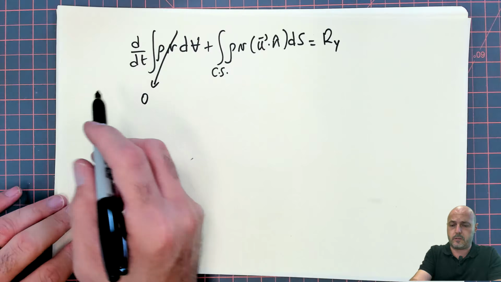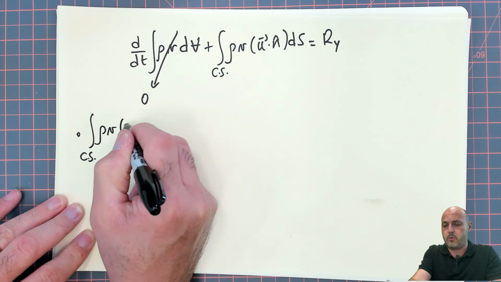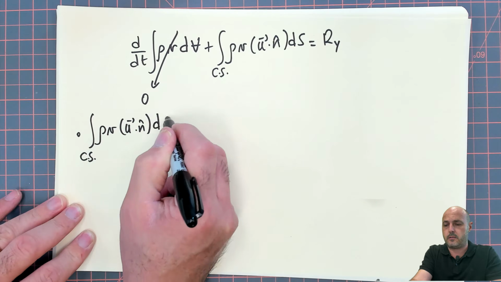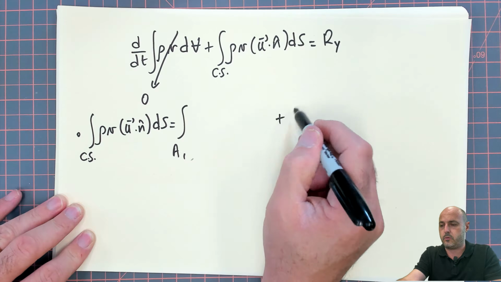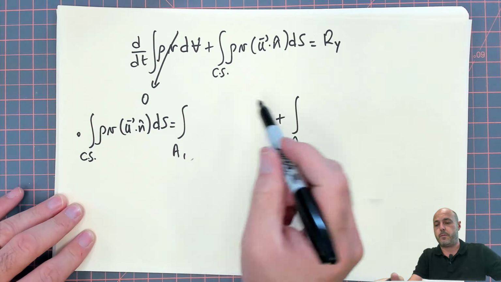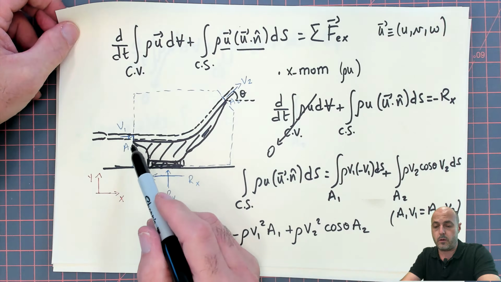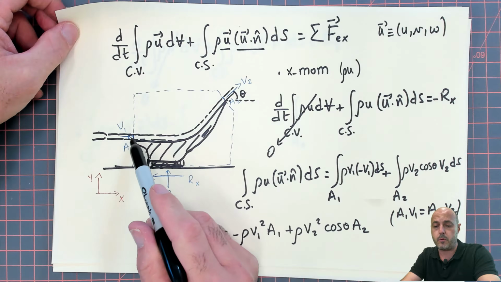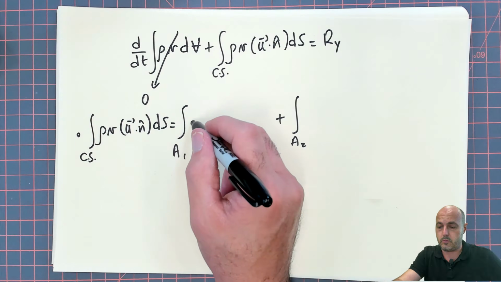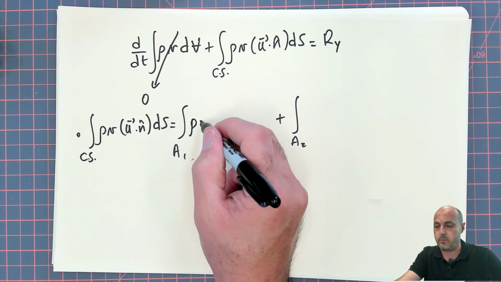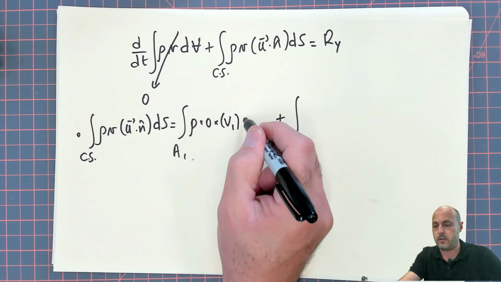The surface integral over the control surface of rho v, u dot n dS is equal to the integral over A1 plus the integral over A2. If you remember from this plot, over A1 there's no y component of momentum, so rho v is rho times 0, times u dot n, which is V1 dS, so that's all 0.